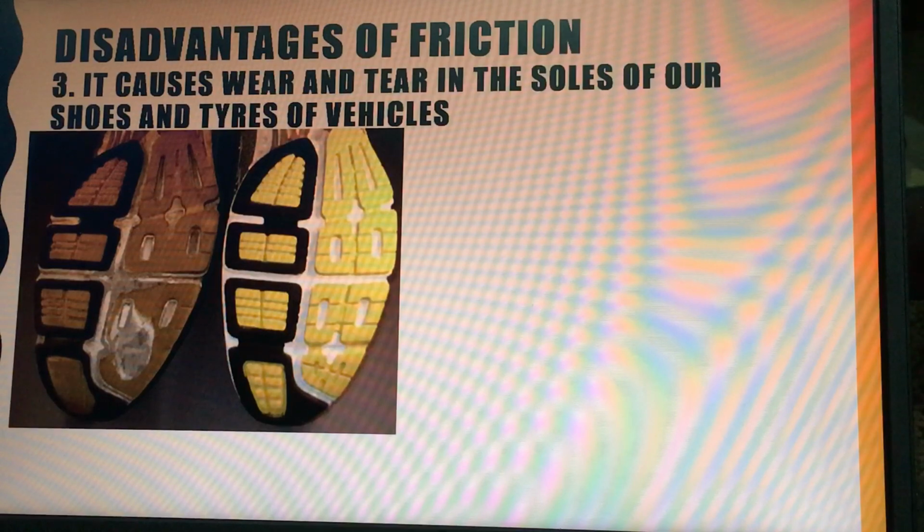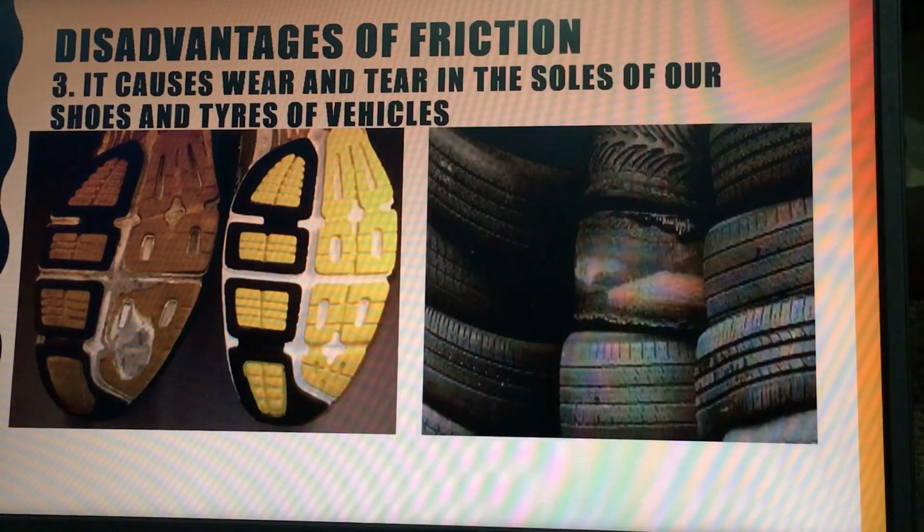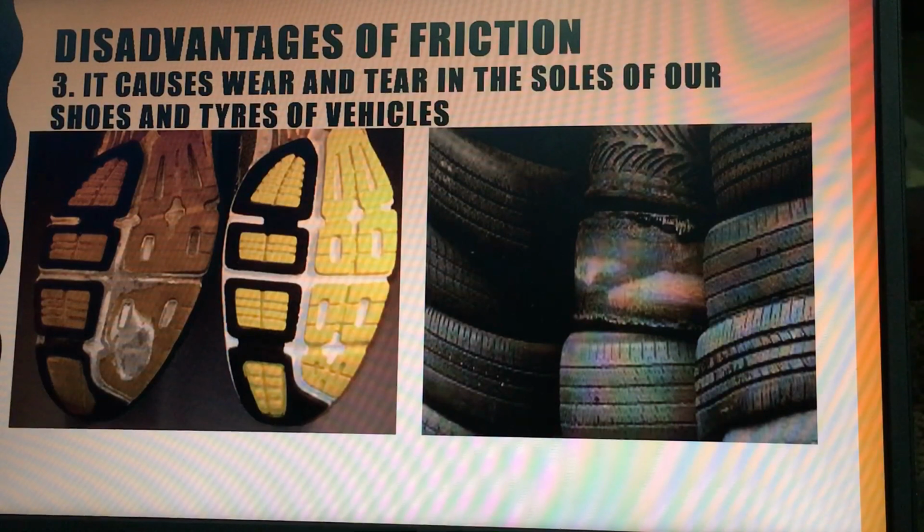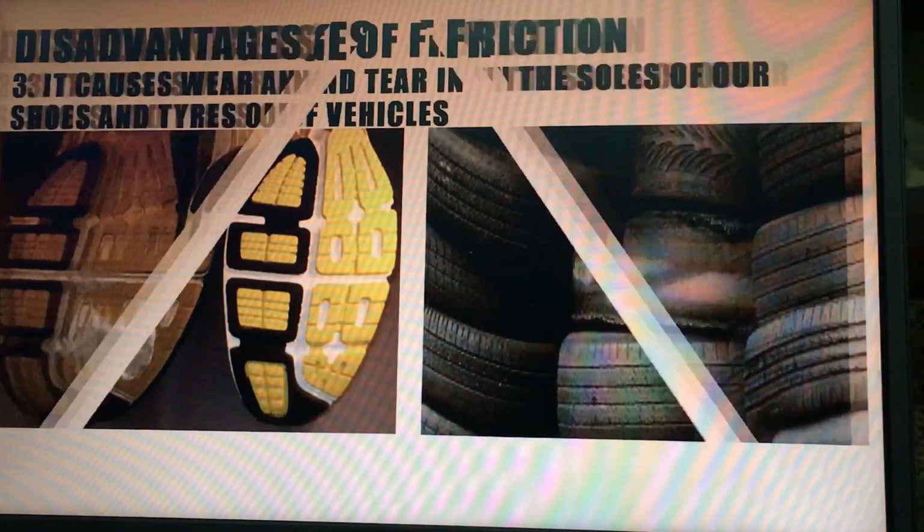So this is one of the disadvantages of friction. And another one is this picture. You can see wear and tear in the tires of vehicles, which is again one of the harmful effects, or you can say disadvantage, of friction. And due to this, we need to change our shoes or the tires of the vehicles frequently if we are using them repeatedly.